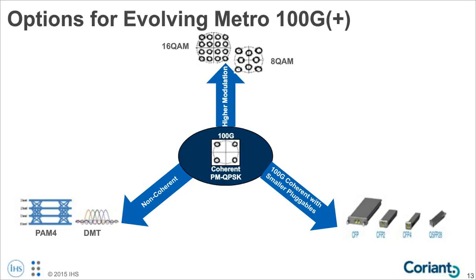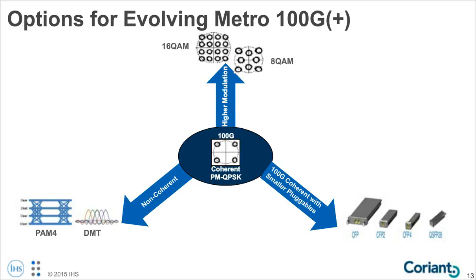So the first option is really to move to higher modulation, so to get more bits per symbol and more bits per second at a lower incremental increase in hardware cost. And we can do that in the short term with 16 QAM and 8 QAM, and then longer term, we're looking at 32 QAM, 64 QAM, and even 128 QAM. So that's the first option.